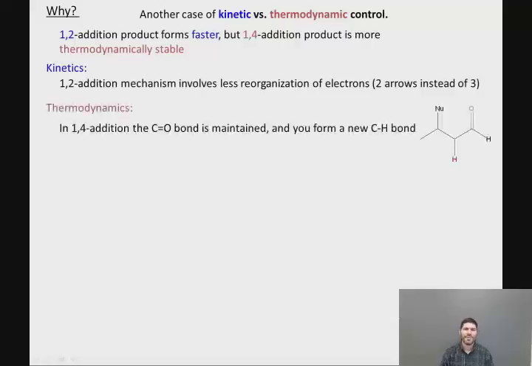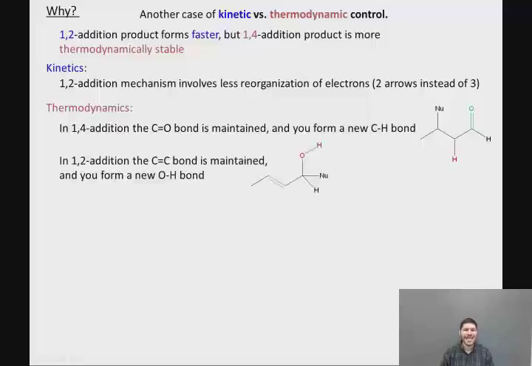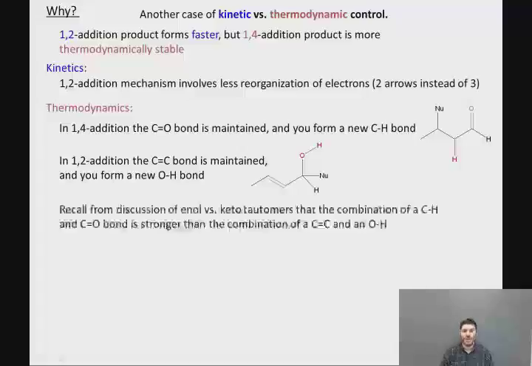Okay, what about thermodynamics? Well, in a 1,4 addition reaction, the C=O pi bond, the carbonyl group, is maintained, shown in green, and you form a new carbon-hydrogen bond shown in red. Whereas in a 1,2 addition, we maintain the carbon-carbon pi bond shown in green, and ultimately we form a new OH bond, which is shown in red.